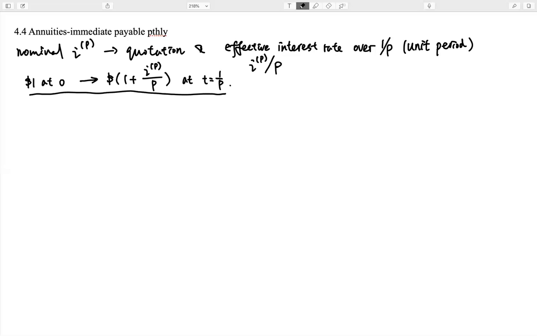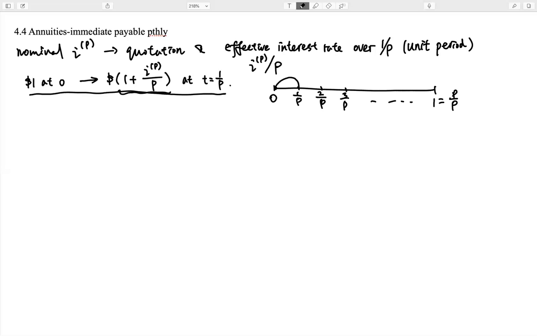And of course, if you want to convert it into 1 year, we need to compound this P times, right? Because if I draw it, here is 0, here's 1, here is 1 over P, here is 2 over P, here is 3 over P, all the way to P over P. So I make my first deposit at time 0. It goes on for 1 over P period of time.